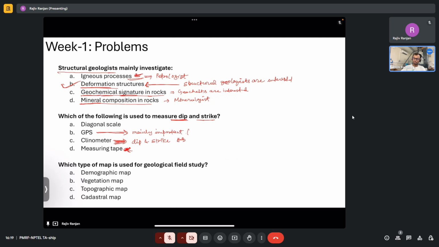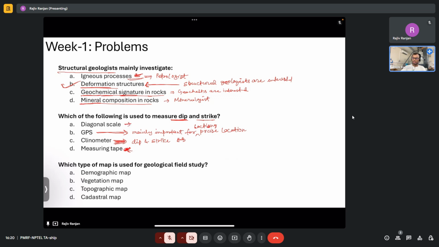GPS, we know that it is mainly important for precise locations. It's important for locating ourselves, right?